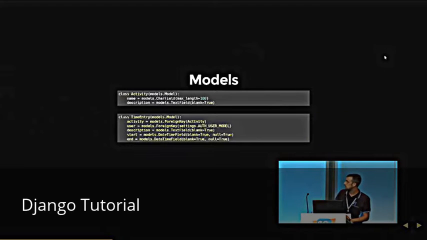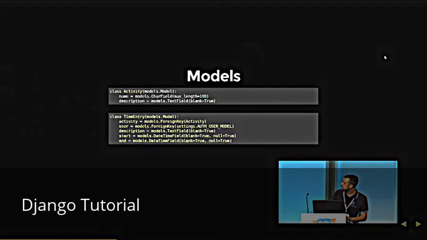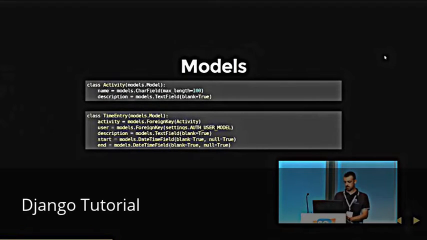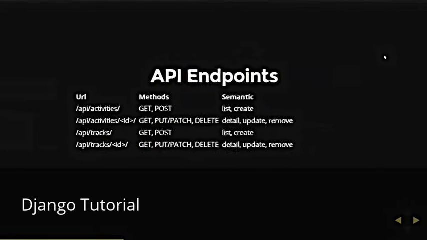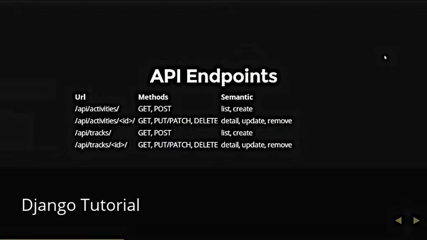These are the models. They are really, really simple. There is the activity and the time entry, which is the model that allows us to track the time that a user spends on an activity or a task. And these are the endpoints that I want to create.